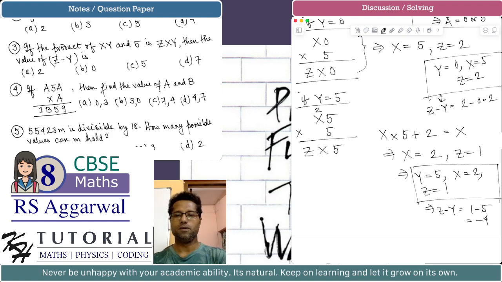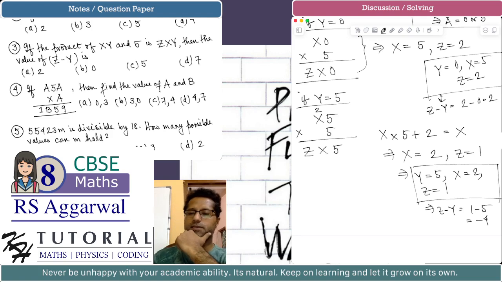No, x cannot be 4. Can x be 5? Then 55 multiplied by 5 is 275. No. Can x be 8? 85 multiplied by 5 is 425. No.